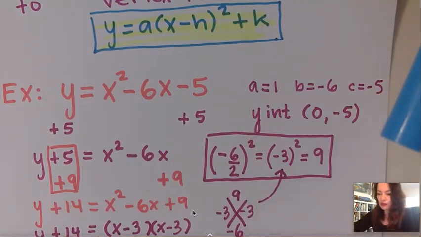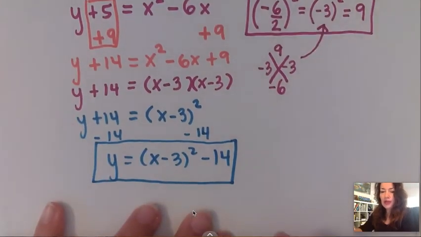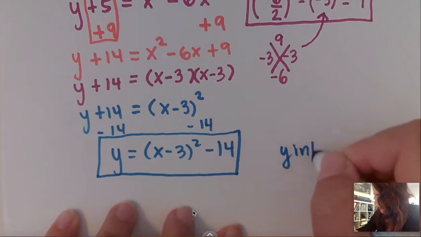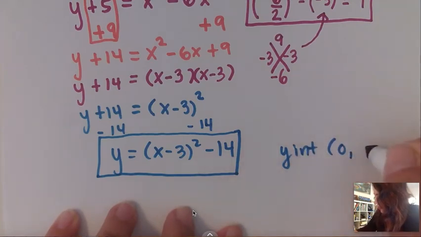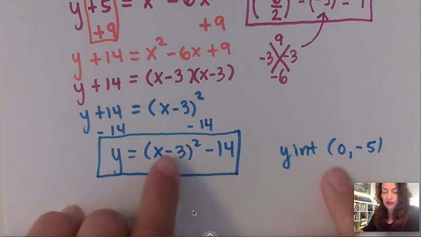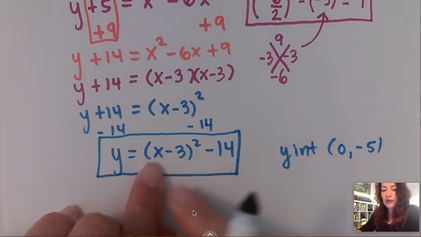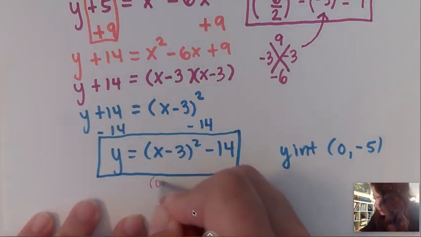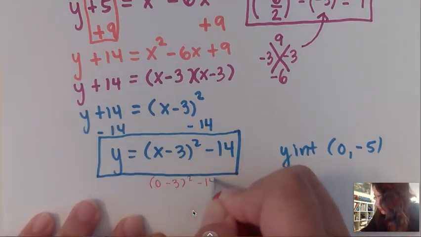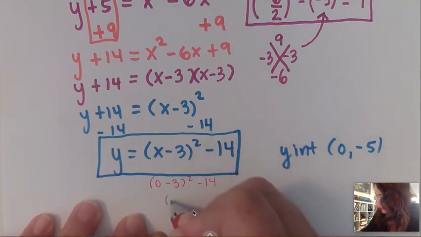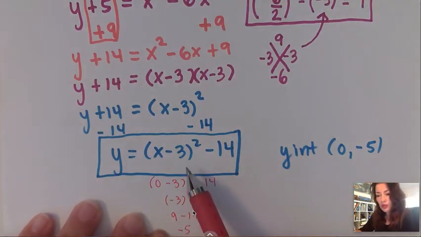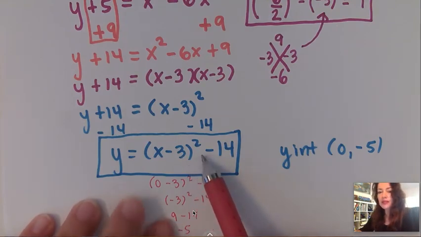Let's check if we get a y-intercept of (0, negative 5) if we plug in 0 here. 0 minus 3 squared minus 14 gives us negative 3 squared minus 14, which is 9 minus 14, which is indeed negative 5. So this equation does match.